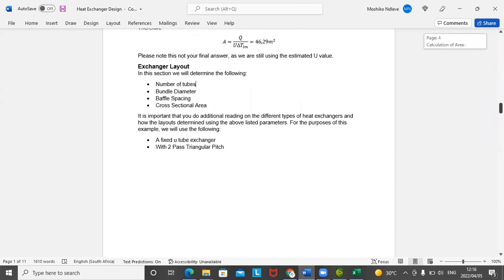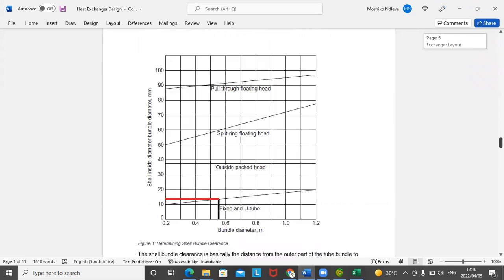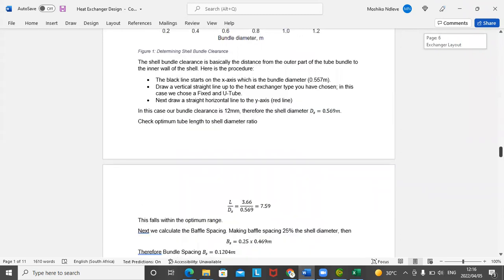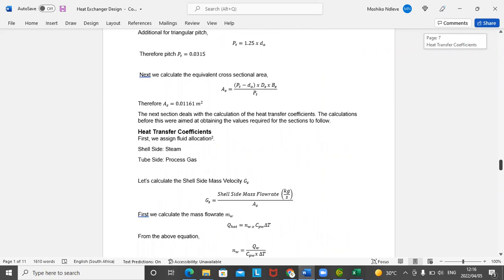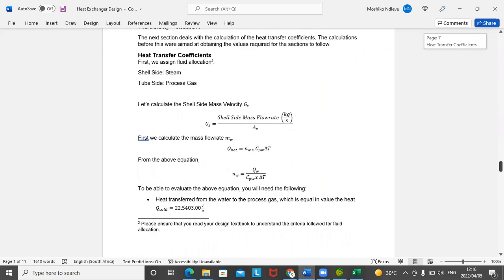Now we can come back to our Word document. As I said, I do have to rush through. You have seen the gist of how it works. Your Word document will give you step-by-step detail in terms of how everything is done. As you can see, you have to assign your fluids.